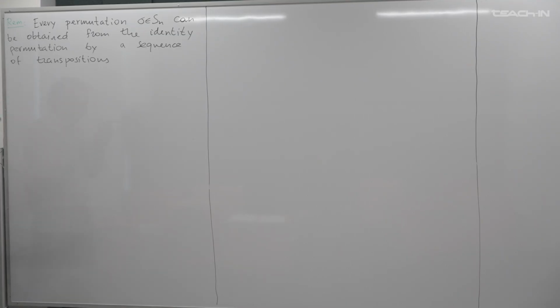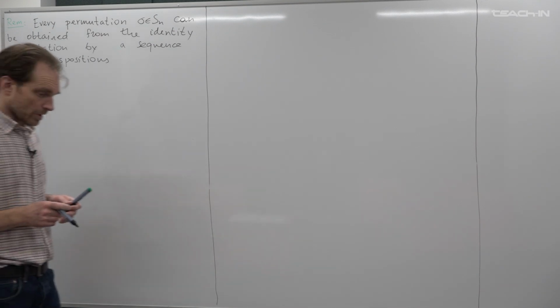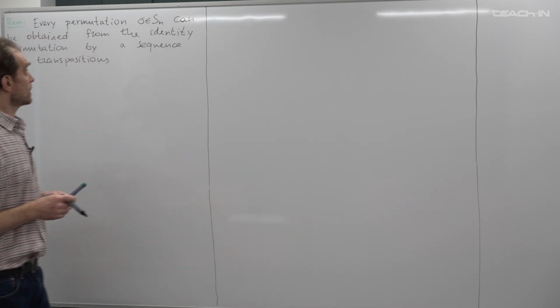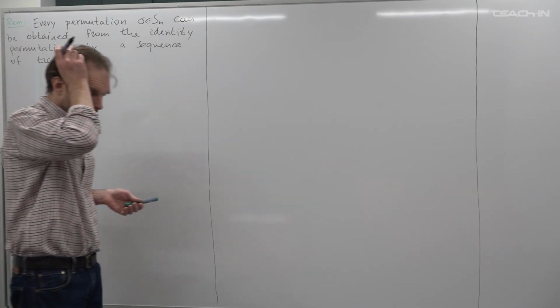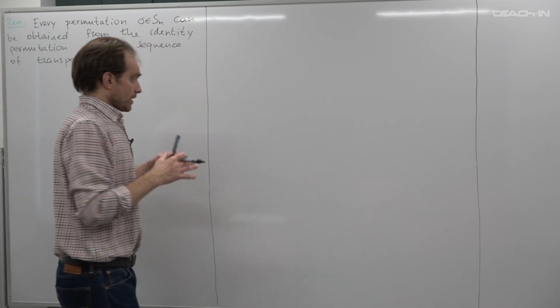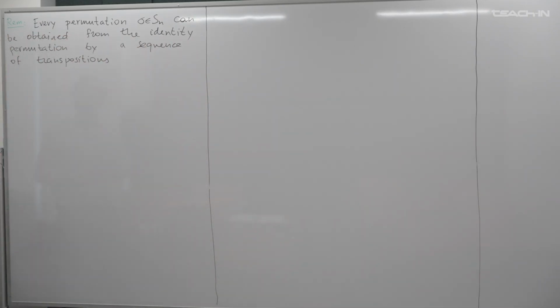So we just swap elements pairwise, and we do it until we get our permutation. So obviously this can be done in many different ways. So there can be different sequences that lead to the same permutation sigma.